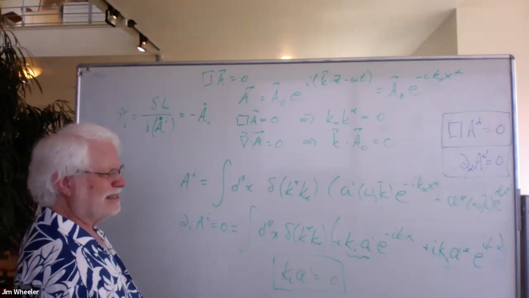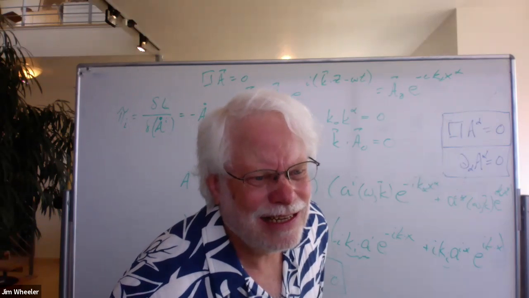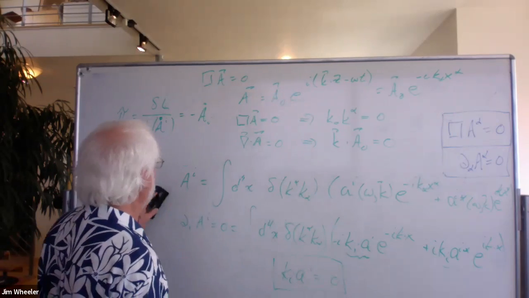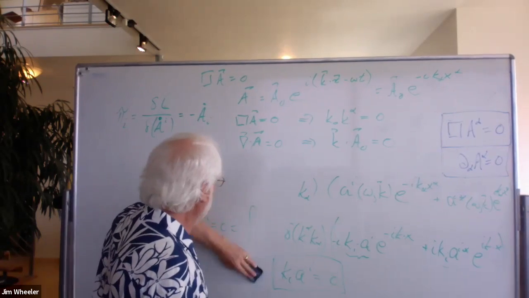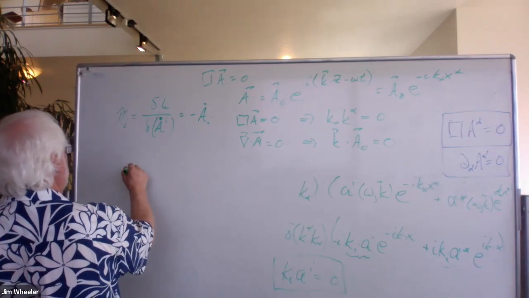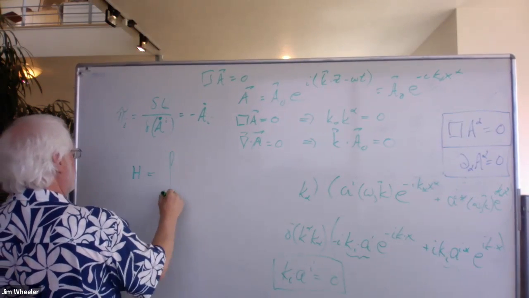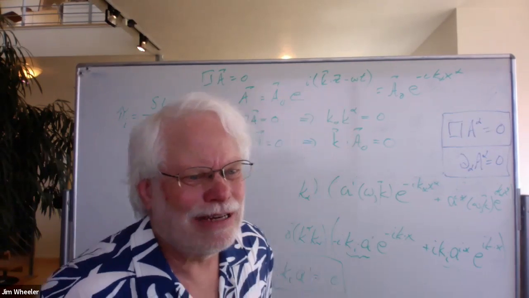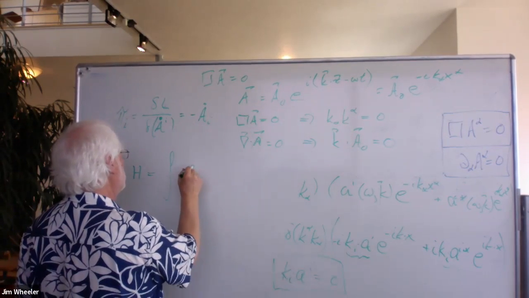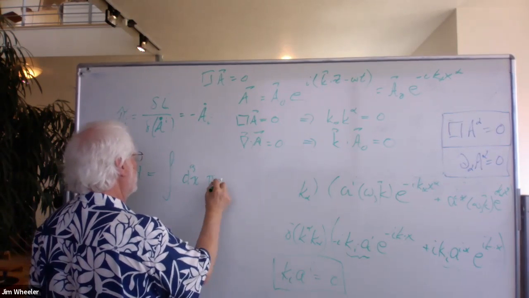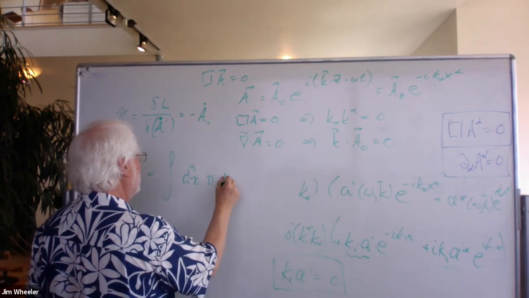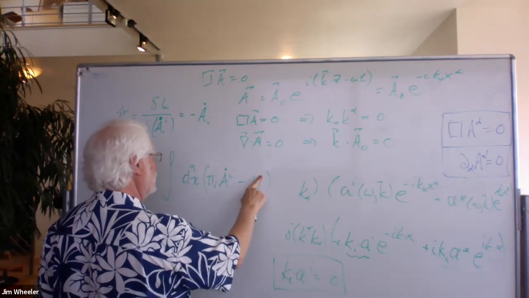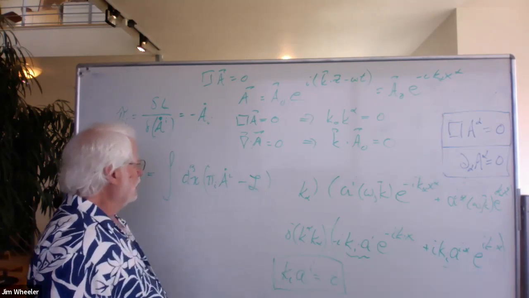Let's see. I'm wondering how soon I'm going to need this. I'm not going to need this very soon. Okay, let's just press on here. So the Hamiltonian is going to be the integral of d3x pi_i A_i dot minus L, that will be the density now.